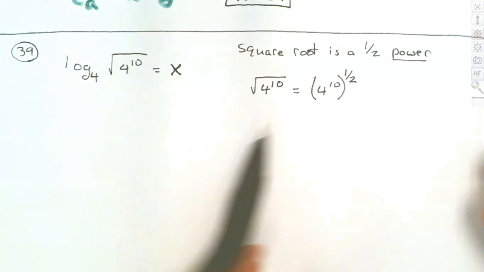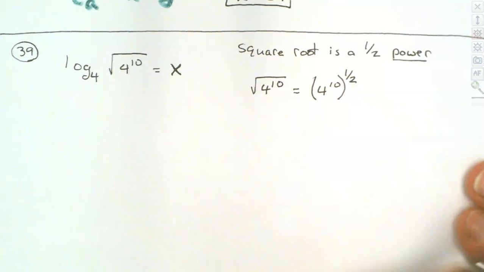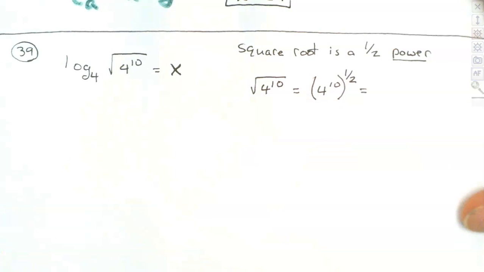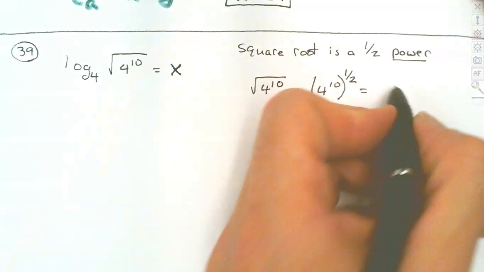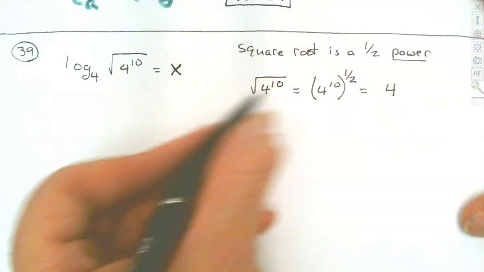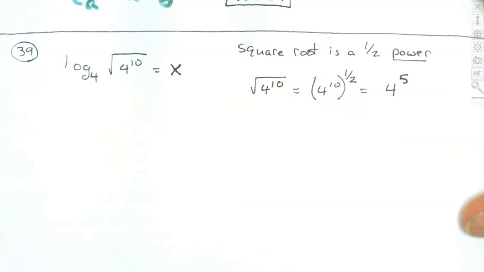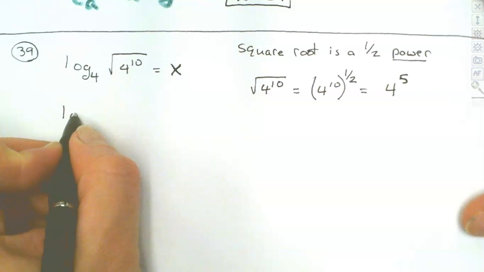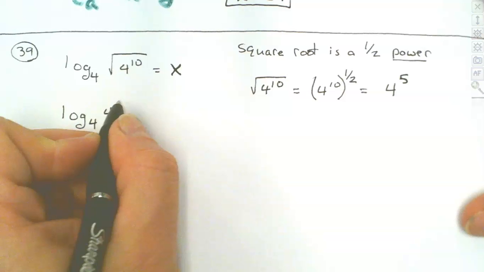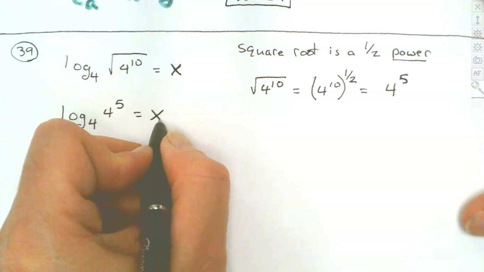And now we know we've got our exponents here, outside and inside, and they multiply together, and what's half of 10? Well, half of 10 is 5. So we need a 4 to the 5th power. So we can now rewrite this as log base 4 of 4 to the 5th power equals x here.